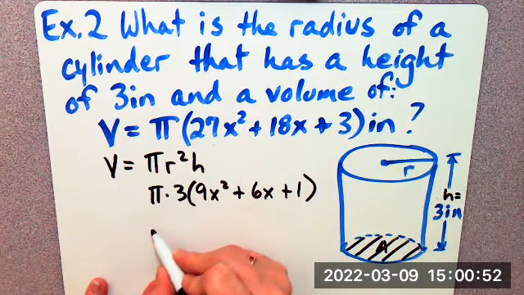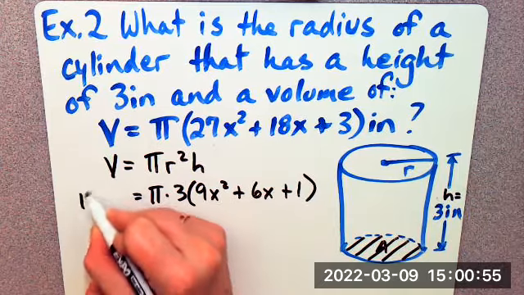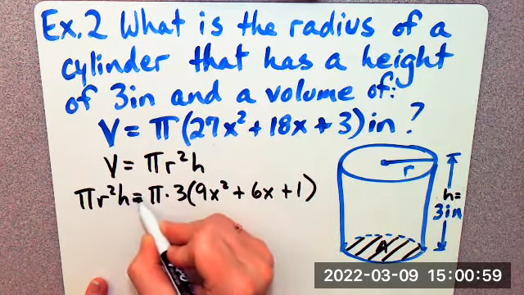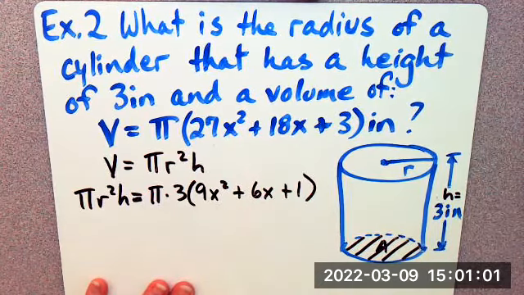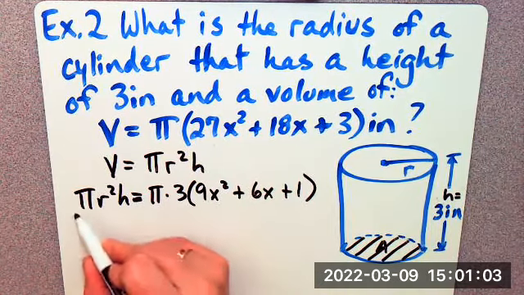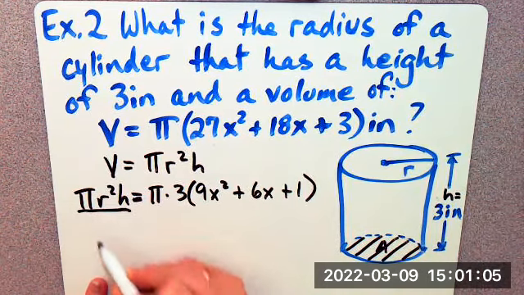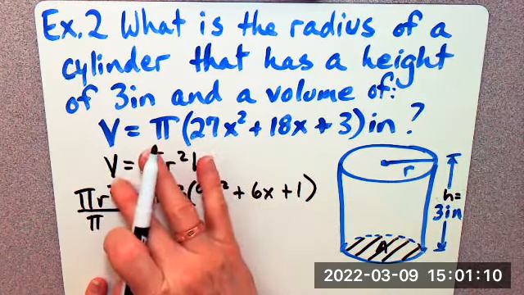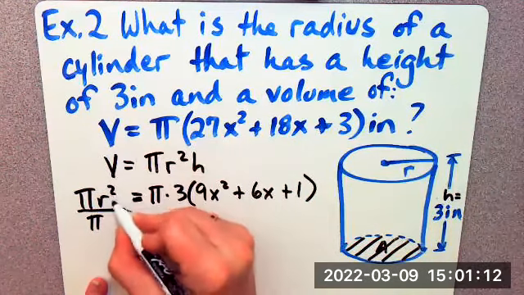So now we can write pi r squared h here. We're trying to find the radius. So if we divide by pi, and then we have our height, which is 3, so we're going to write times 3.